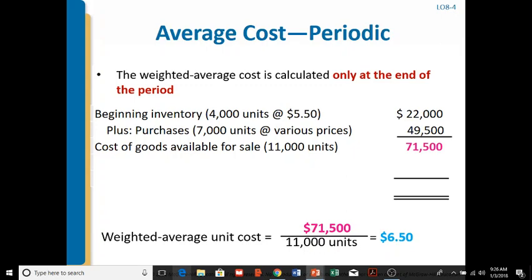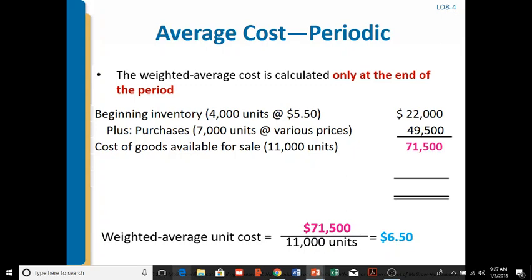And the difference is you're going to calculate the weighted average cost at the end of the period, whereas with a perpetual inventory system, you have to do this weighted average cost calculation each time you make a purchase of new items of inventory. So let's look at how that's done.